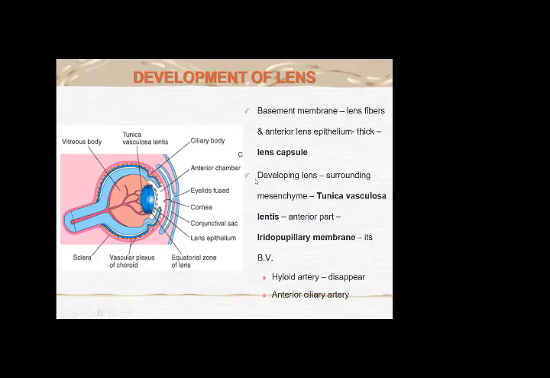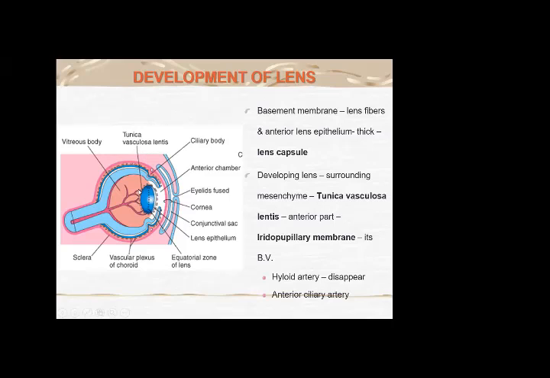And on the outside, this is mesenchyme. The mesenchyme on the posterior aspect, surrounding the posterior aspect of the lens, develops into a structure called the tunica vasculosa lentis.